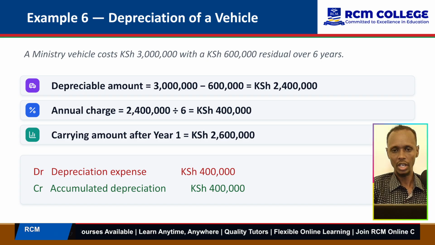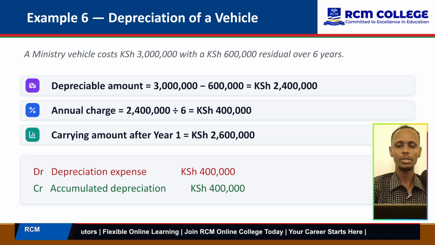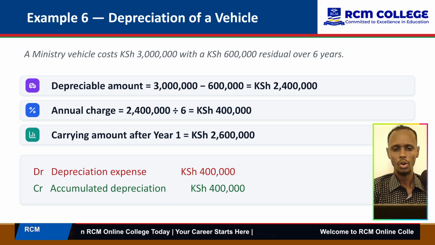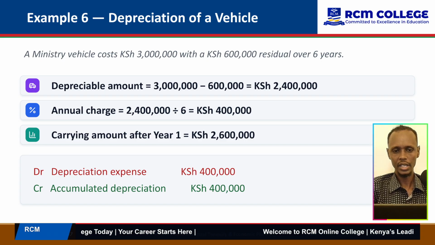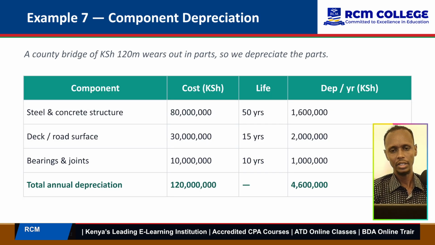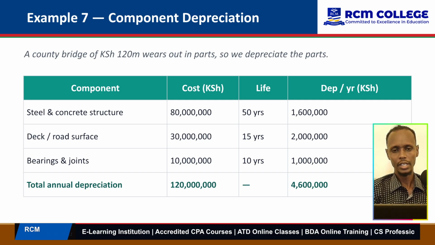So each year, in the coming 6 years, you will be depreciating 400,000 of that asset. So you debit depreciation 400,000 as an expense, credit accumulated depreciation 400,000.